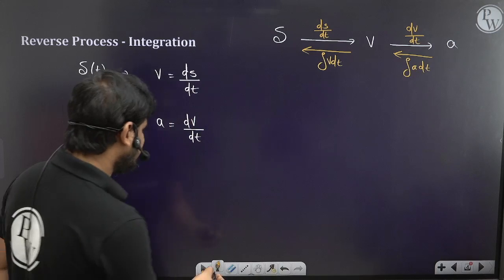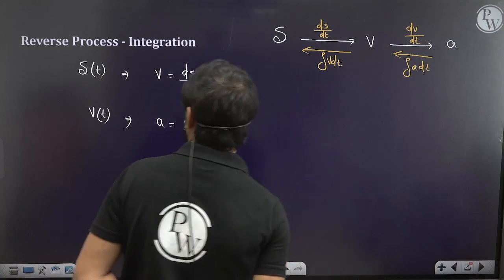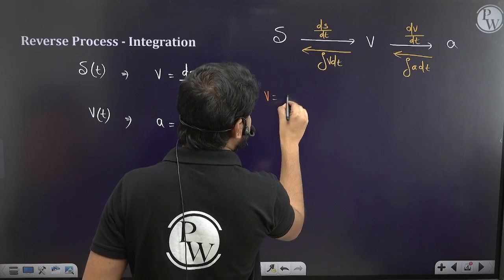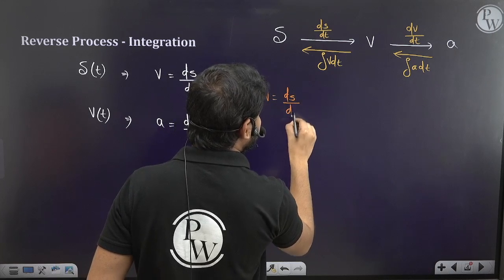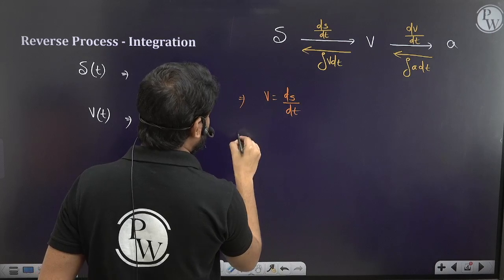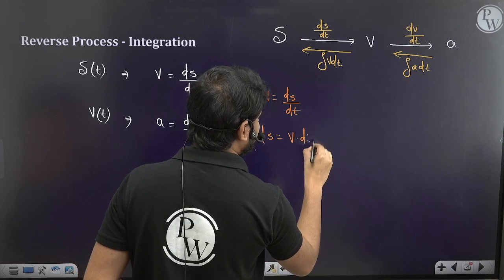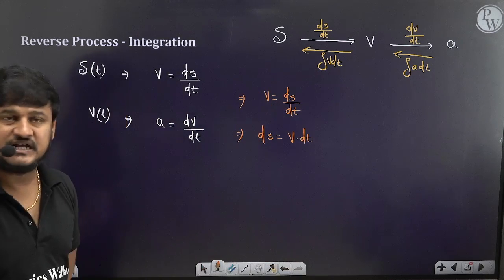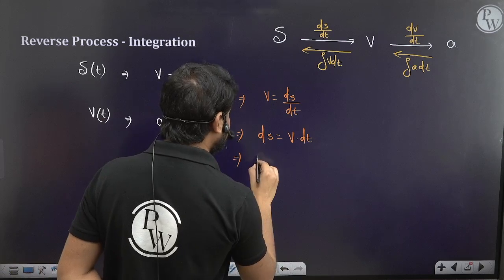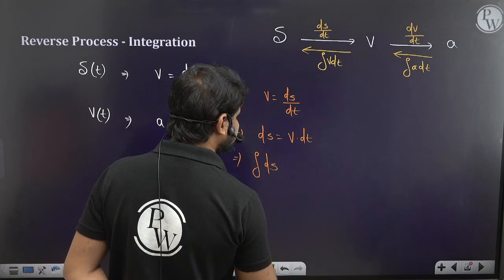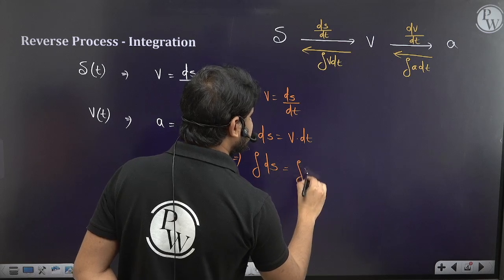Okay, if you need, I'll solve it. See here. We know that v is equal to ds by dt. So ds is equal to v dt. Now integrate either side. The integration of ds is equal to the integration of v dt.